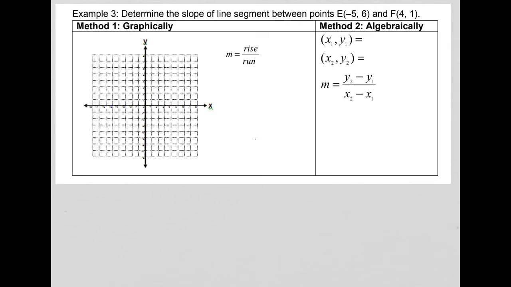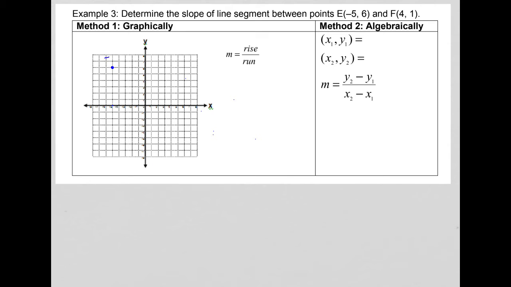Let's look at this example. Determine the slope of the line segment between the points E and F. If we are going to do it graphically, the first thing is to put those two points on the graph. Negative 5 is the x value: 1, 2, 3, 4, 5 is right here. And go up by 6: 1, 2, 3, 4, 5, 6.